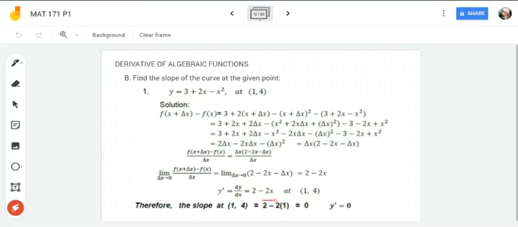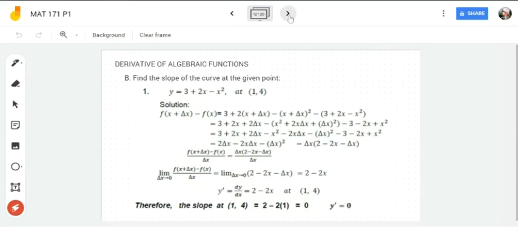We have the value of x, which is 1. Your y is 4, so we don't have a y here. We only have the x. So we will substitute 1 into your x here. So that will become 2 minus 2 quantity 1, or 2 minus 2, therefore it is equal to 0. So therefore the slope of your curve is 0.